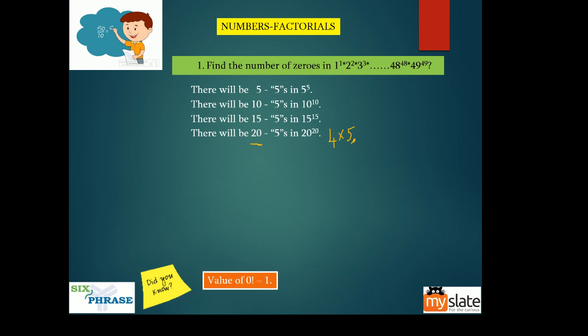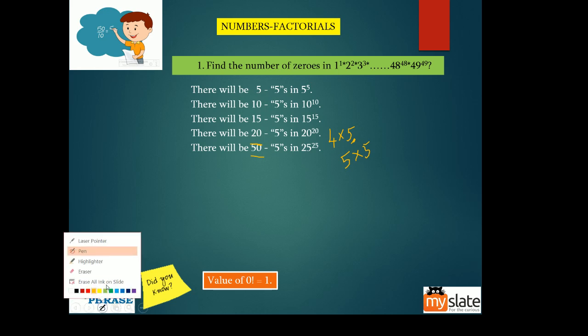Okay, but here you cannot write 25 5's, because 25 is nothing but 5 into 5. So in 25 you have 2 5's. So in 25 power 25 you will have 50 5's. You must be careful about that part.